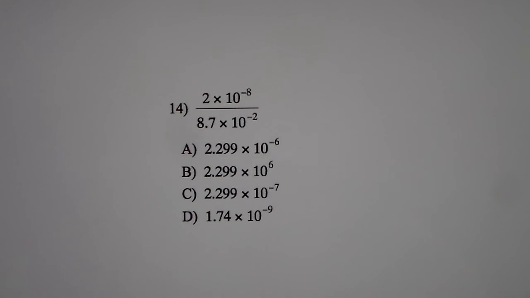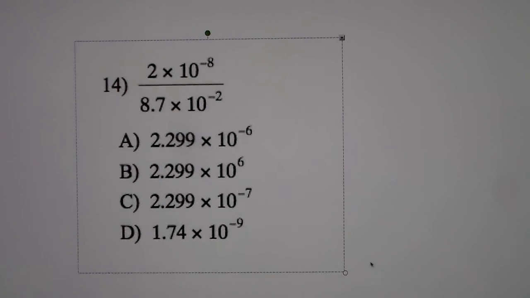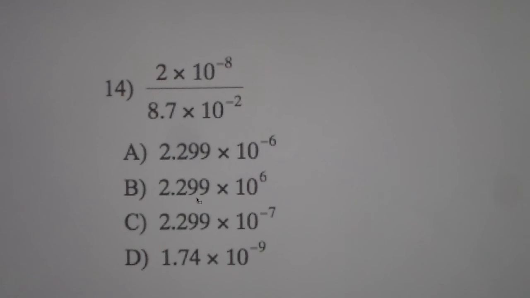Let's do one more. We have problem number 14. We have 2 times 10 to the negative 8 divided by 8.7 times 10 to the negative 2. Now I want to make both of these the same, so I'm going to make this negative 8 into a negative 2. So I'm adding 6. So that means I got to move this decimal place to the right 6 times.